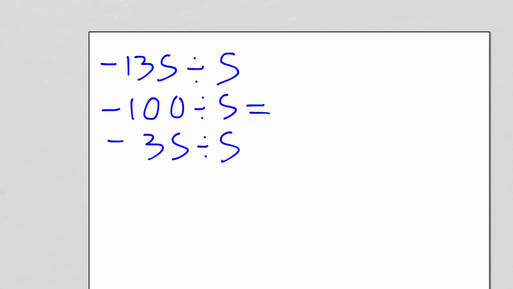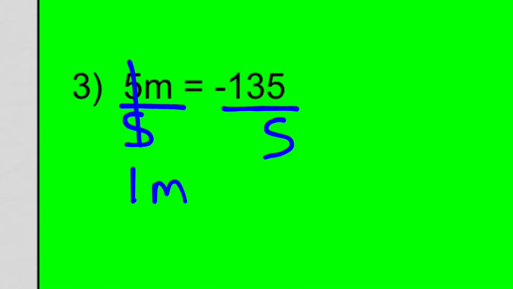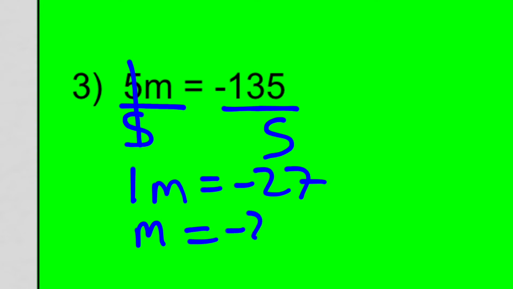Now negative 100 divided by 5 is negative 20, and negative 35 divided by 5 is negative 7. So if you add those up, you'll have negative 135 divided by 5, which is negative 27. So if you go back to your answer over here, 1m equals negative 27. Or, even simpler, m equals negative 27.